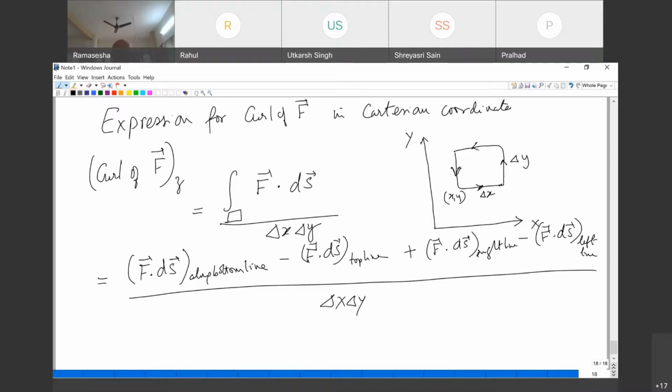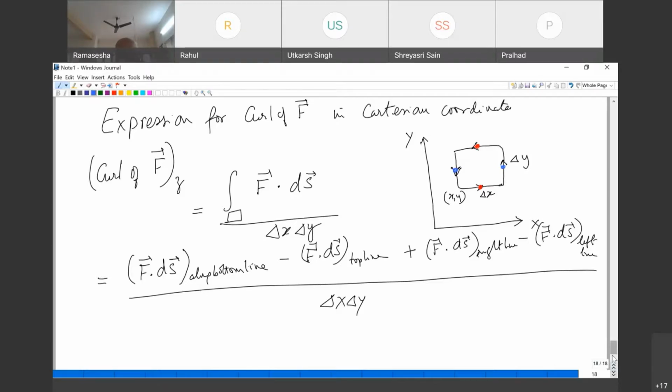Okay, in order to evaluate these things, I'll take midpoints on each of these lines. So I'll take these points for integration along x, and for integration along y, I'll take these points.